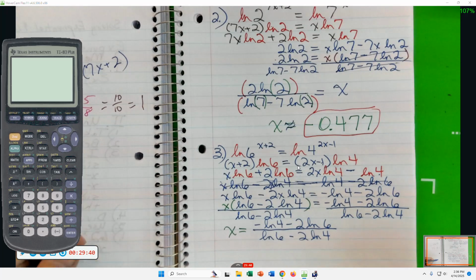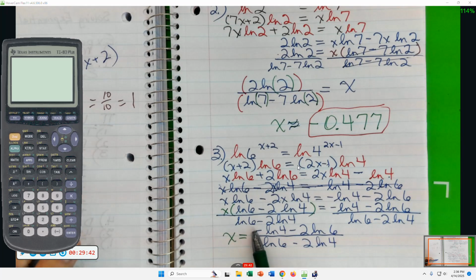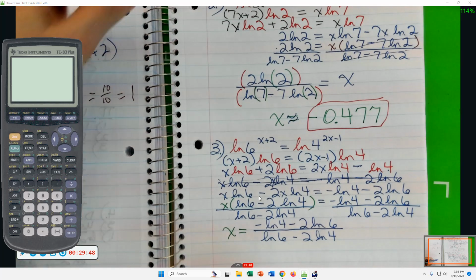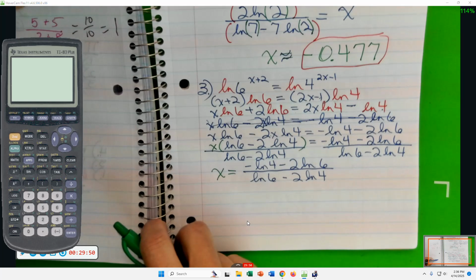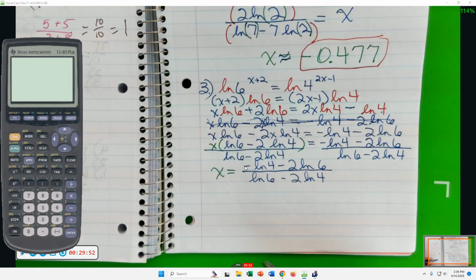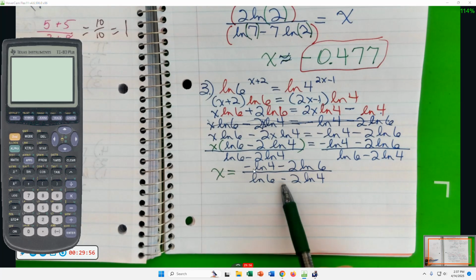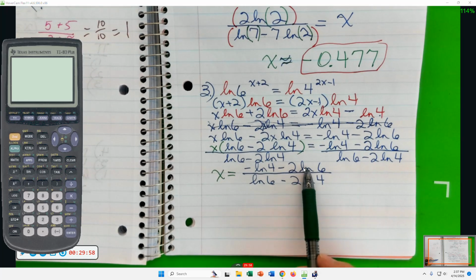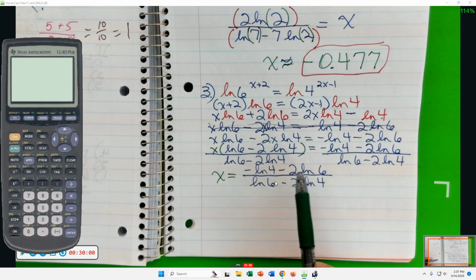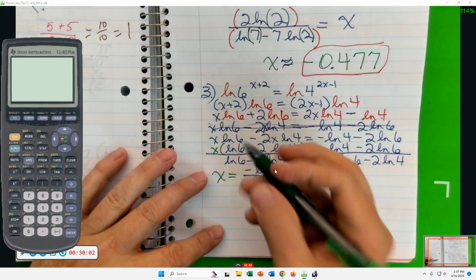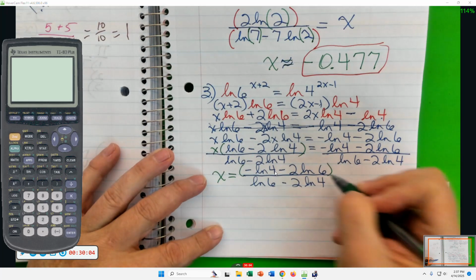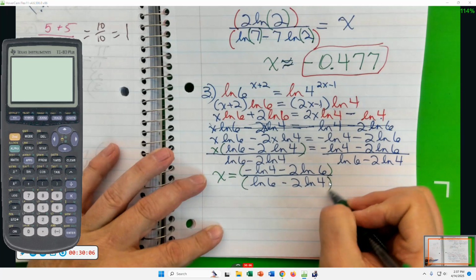Am I going to have to enclose the top and bottom in parentheses to make sure I get the correct answer? Yeah, I'm going to have to enclose that top and bottom. Remember, if you have any operation other than something divided by something, we have subtraction. That's a 2 times ln 6. So we have multiplication, subtraction. We're definitely going to have to enclose the top and bottom in parentheses.